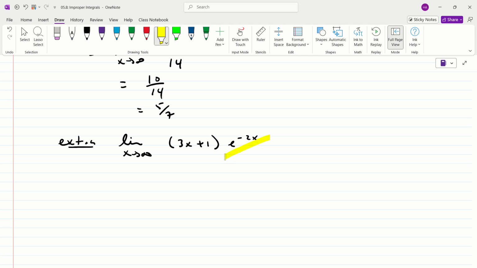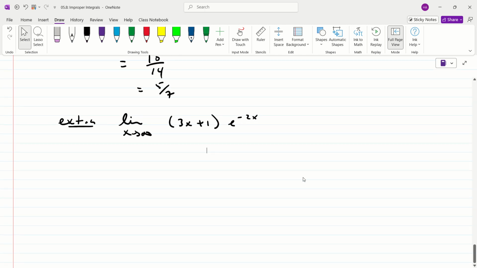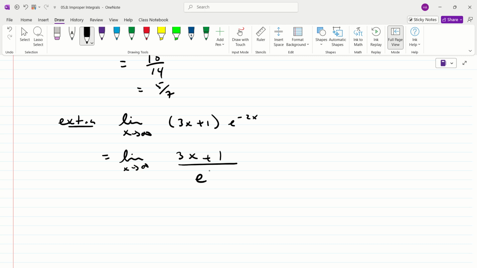Well, first of all, this doesn't really look like a candidate for L'Hopital's rule because it doesn't look like a fraction. But we can make things easily look like a fraction by moving things around. In particular, that e to the negative 2x, we can kick it downstairs and make it look like 3x plus 1 divided by e to the positive 2x.